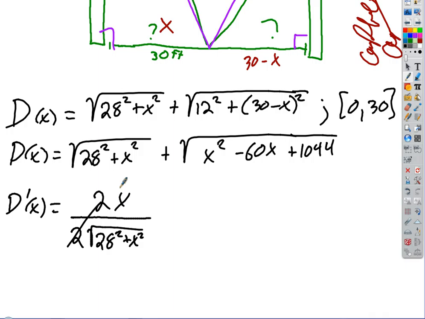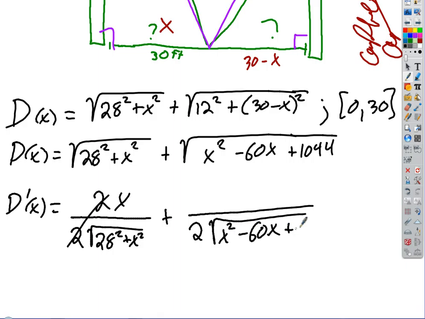Okay, we good with that? Does that make sense? So it's just x over the square root of this. We're gonna need the same kind of thing going on over here, aren't we? It's the same, just a different expression to the 1/2 power this time. So we get 1/2 times it to the minus 1/2, so on the bottom we get 1/2 and the square root of it, times the derivative of it, which is 2x minus 60.